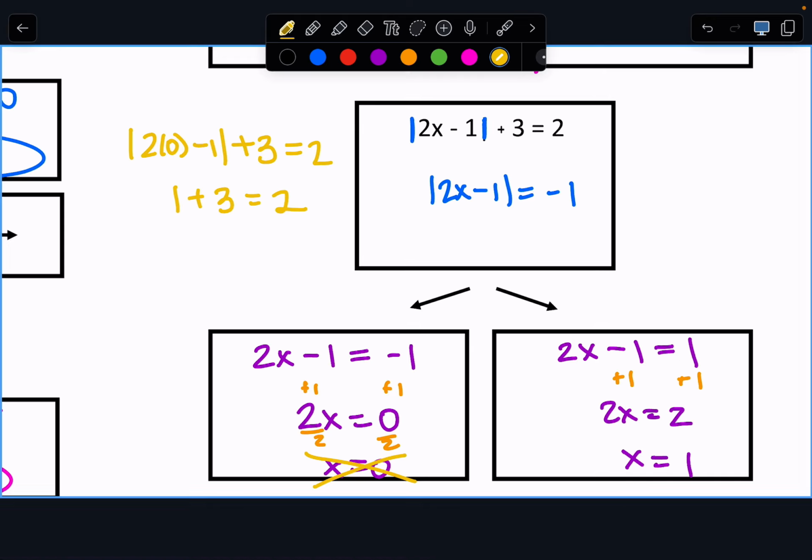That means it doesn't work. It doesn't mathematically work, but it can still be correct. No, it's not correct. Just cross it out. Over here, the absolute value of 2 times 1 minus 1 plus 3. 2 times 1 minus 1, what is that? 1. Okay, the absolute value of 1.